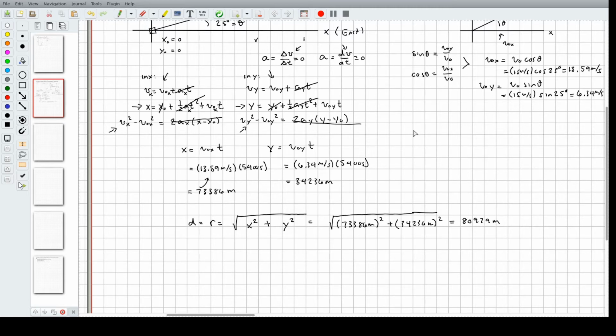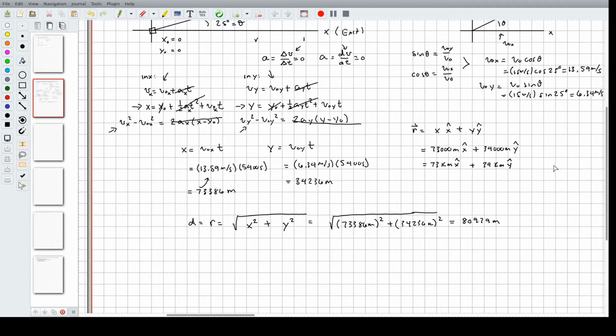You could say that my position in space, which is the x position, the y position, is equal to, rounding this to 2 sig figs, 73,000 meters in the x direction plus 34,000 meters in the y direction, or 73 kilometers x hat plus 34 kilometers y hat.